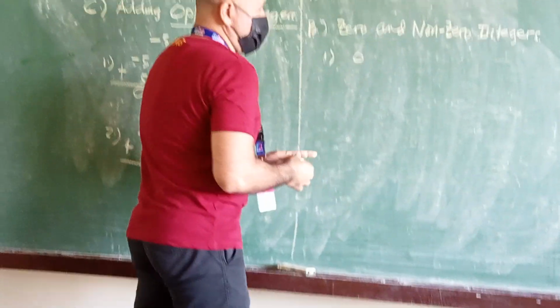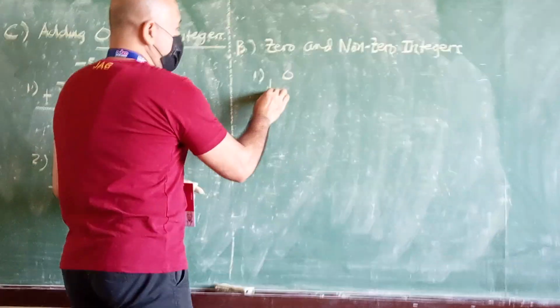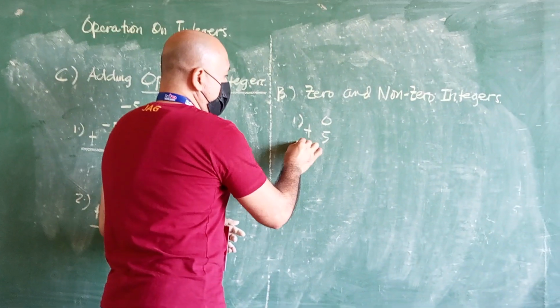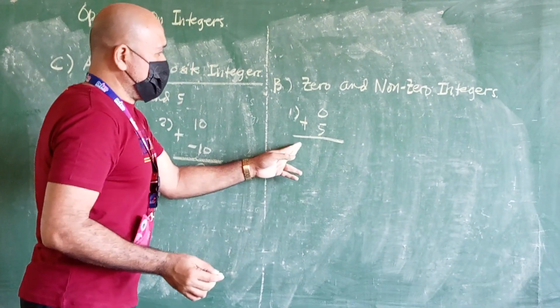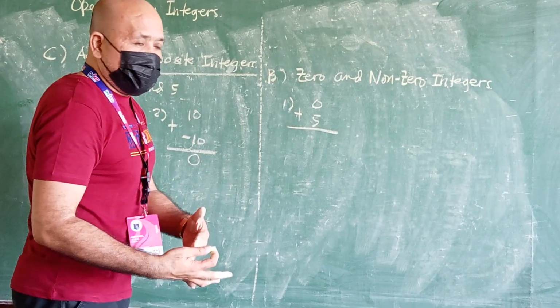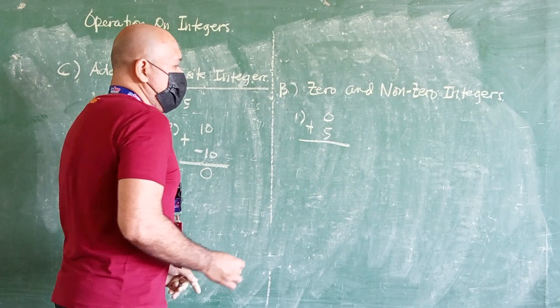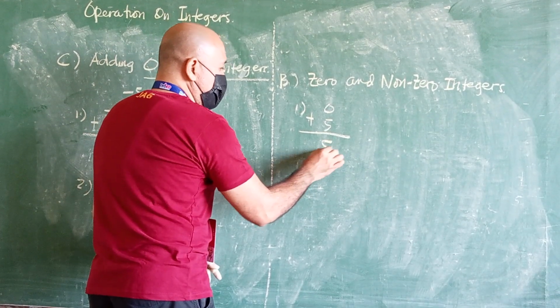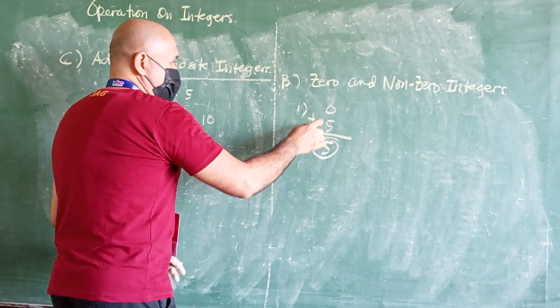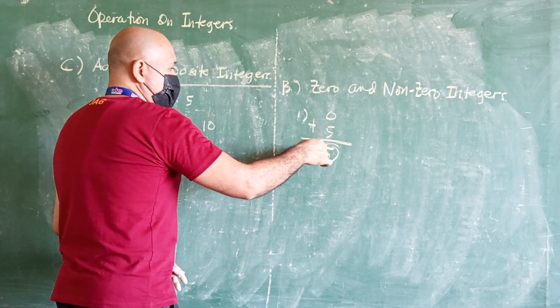Like for example, 0 plus positive 5. It is just like in elementary that any number added to 0, the result is that number itself. So 0 plus positive 5 is 5.